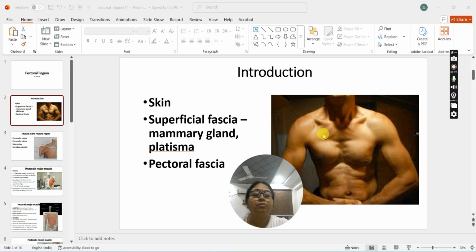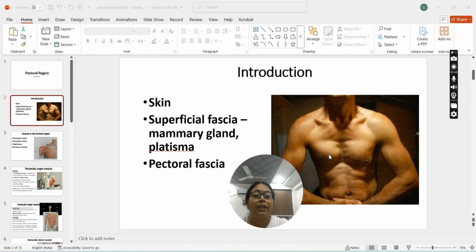Okay. Then the area below that is supplied by the upper 6 intercostal nerves. Both the anterior cutaneous branches as well as the lateral cutaneous branches of the upper 6 intercostal nerves supply the skin of the pectoral region.